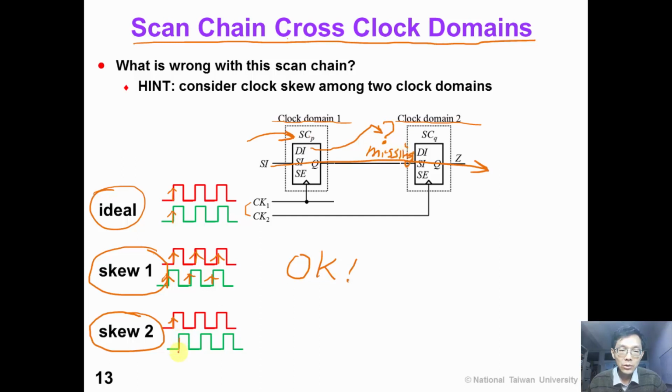At the rising edge of clock 2, we will shift the new data into scan cell Q, but at this time, we will miss the old data in scan cell P, so this is not okay. So how can we fix this problem?